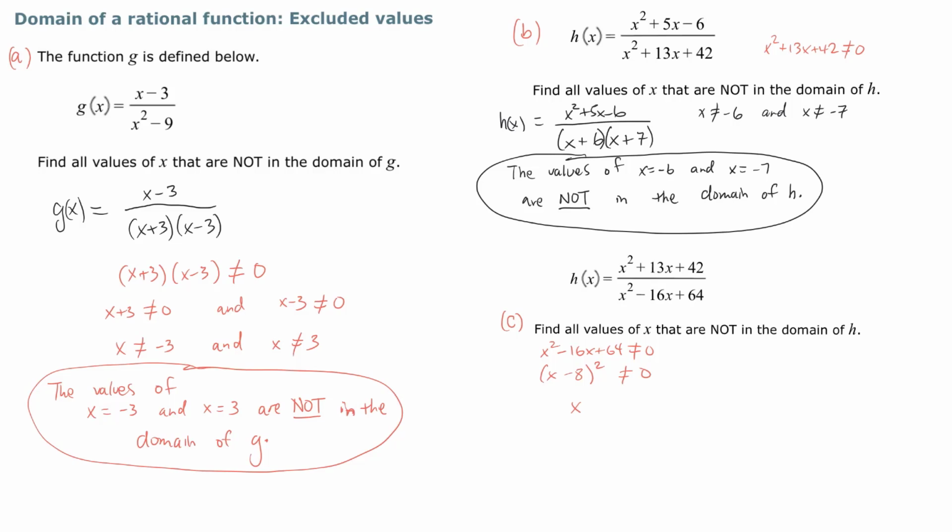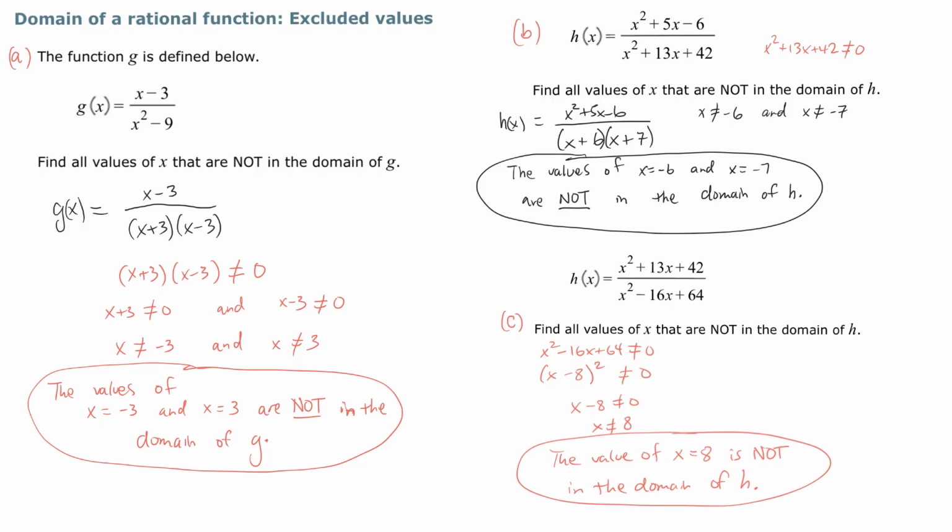That means x minus 8 can't be 0. x cannot be 8. The value x equals 8 is not in the domain of h. It's better to write a complete sentence for this particular problem just to make sure you understand how to answer the question.